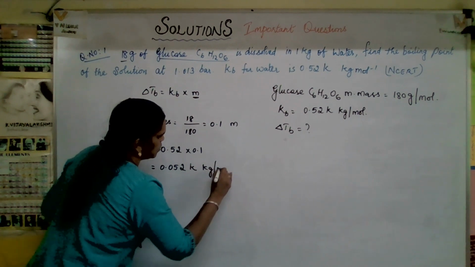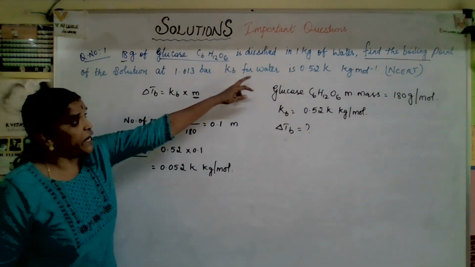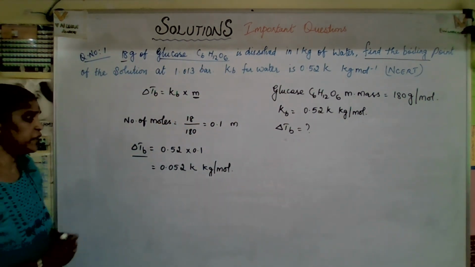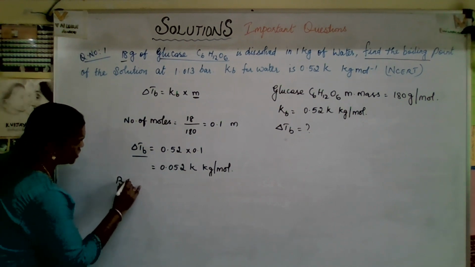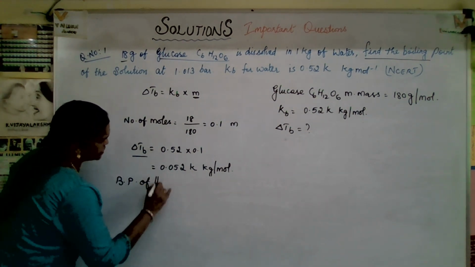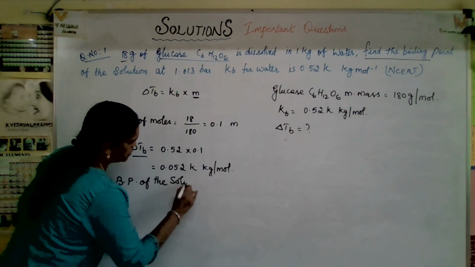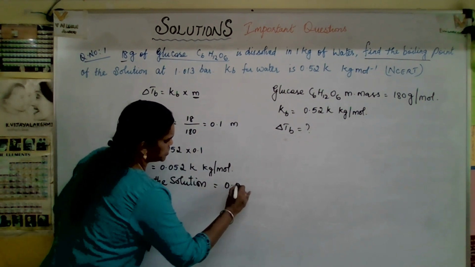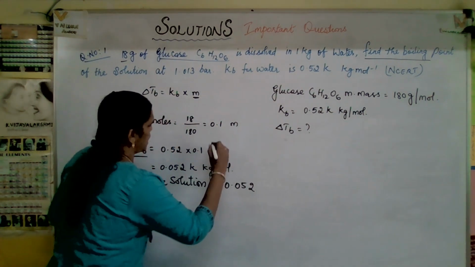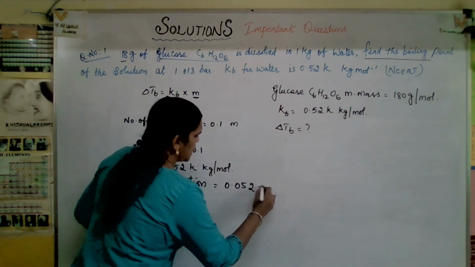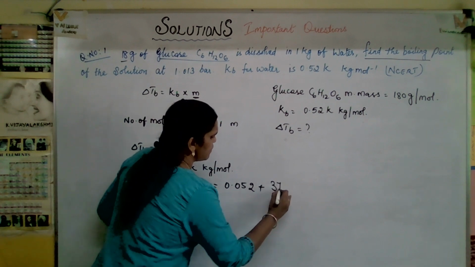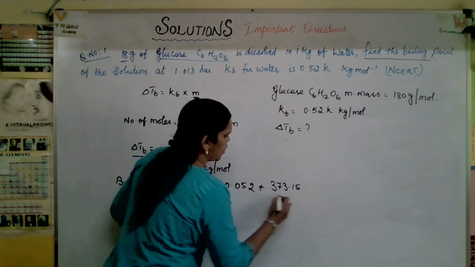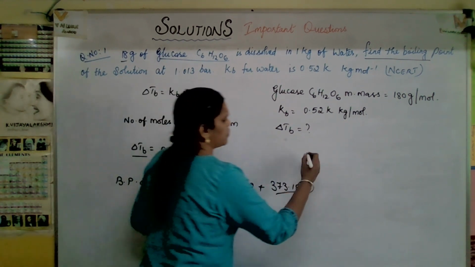kg per mole. Now we have to find out the boiling point of the solution. So the boiling point of the solution is 0.052 plus 373.15. How do we get 373.15?